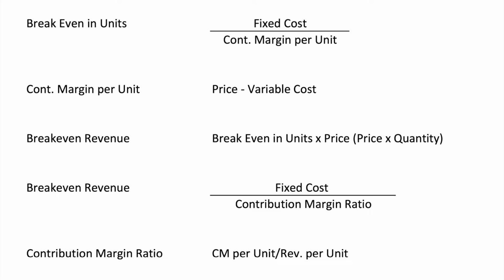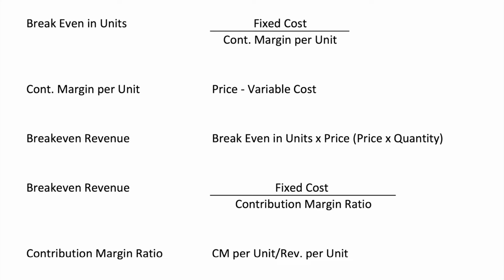It's the contribution margin per unit divided by the revenue per unit. So in this case, 2 over 5, which will give us 40% or 0.4. And so when we put the fixed cost of 10 and divide by 0.4, we get the $25 sales revenue immediately.